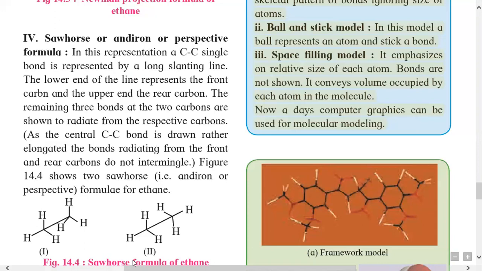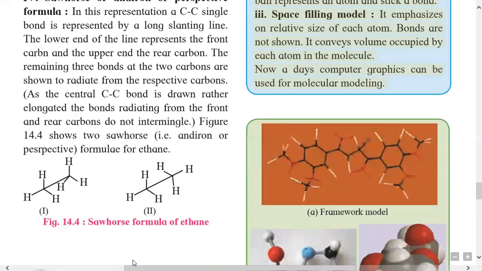As the central carbon-carbon bond is drawn rather elongated, the bonds radiating from the front and the rear carbons do not intermingle. Figure 14.4 shows the two sawhorse or Enderon or perspective formulas of ethane.